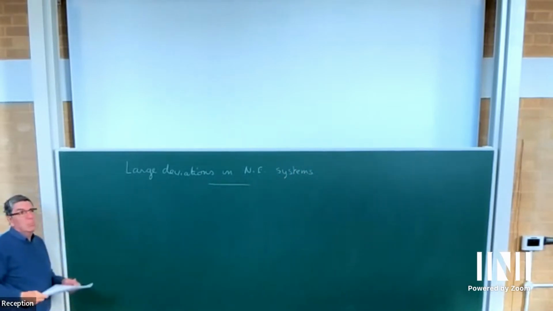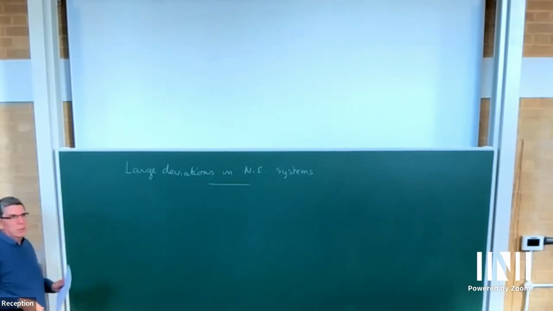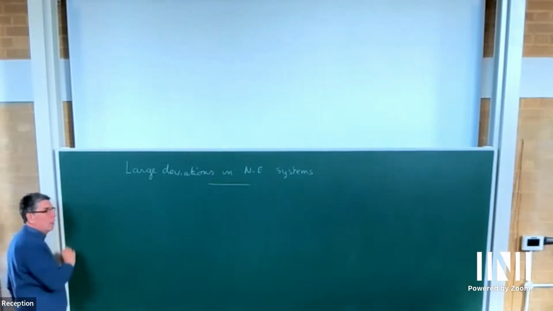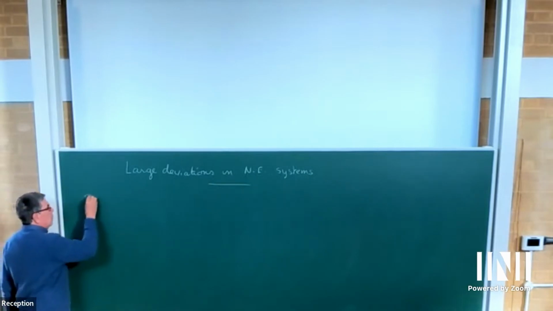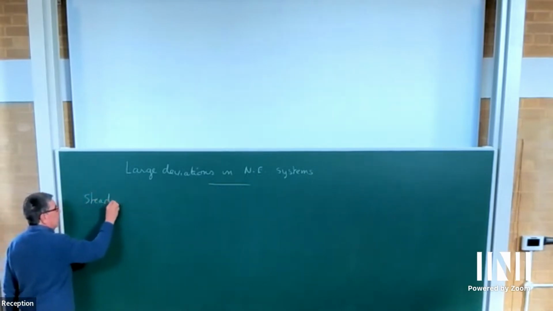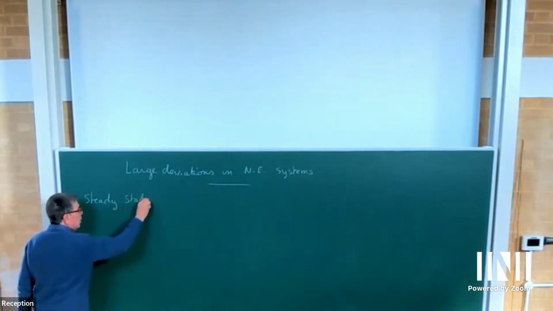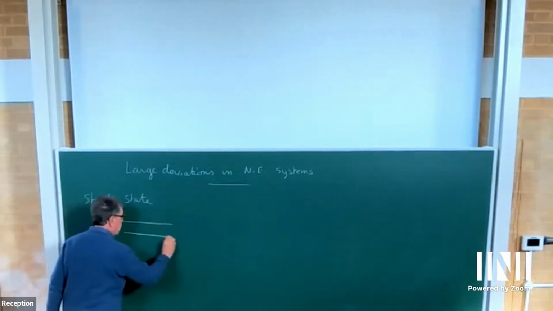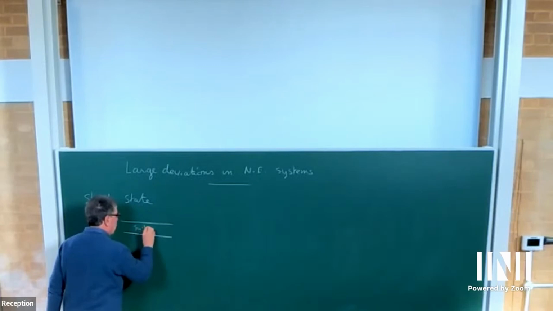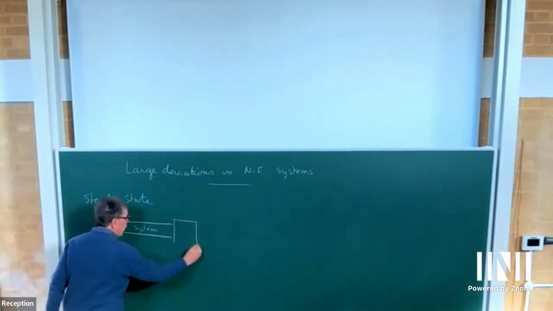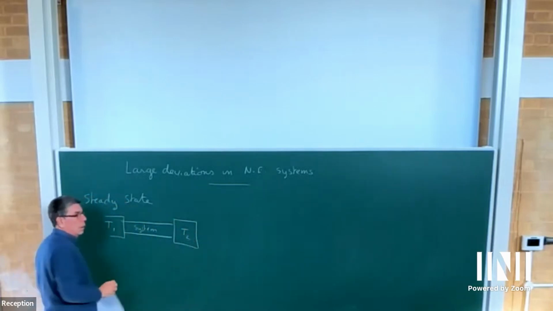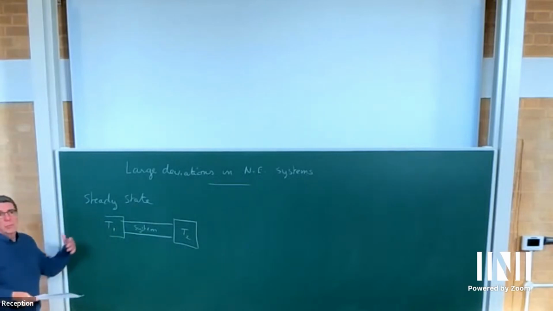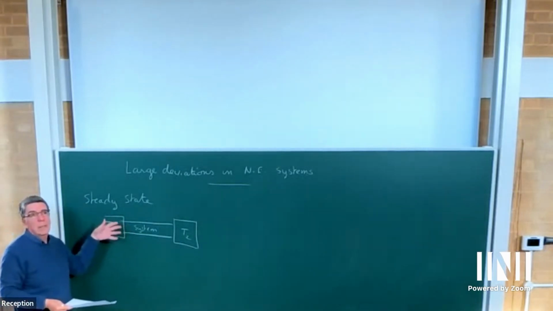So the first example of a non-equilibrium system that you can consider is the situation where you have a steady state. So imagine that you have a system in contact with reservoirs at temperatures T2 and T1. And then if you wait for very long, the system will reach a steady state.